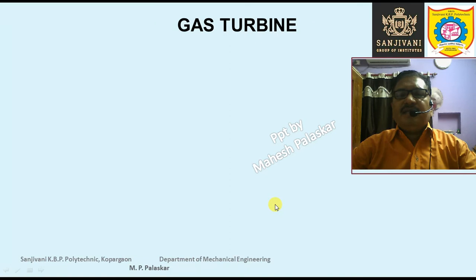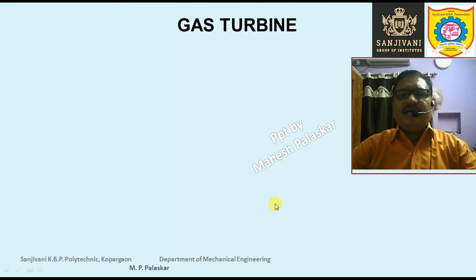So gas turbine is the power producing device or a prime mover like an engine. But there is one more difference between the engine and the gas turbine. In the engine, the several operations like compression, combustion and expansion take place in a single vessel, that is the cylinder.